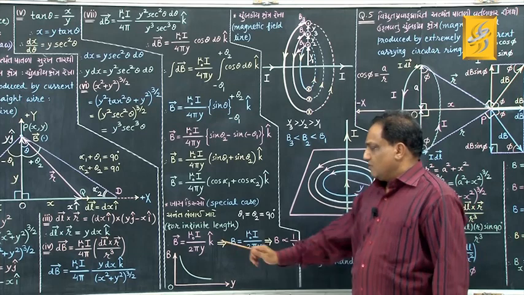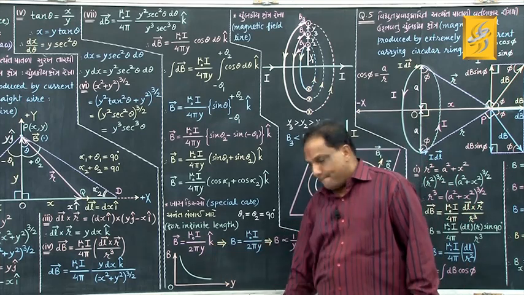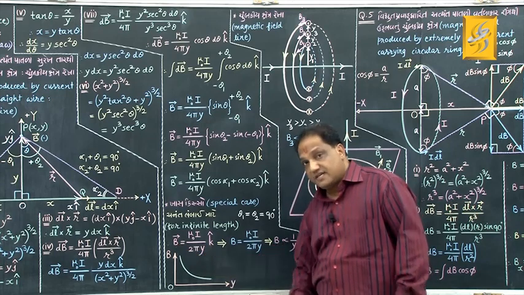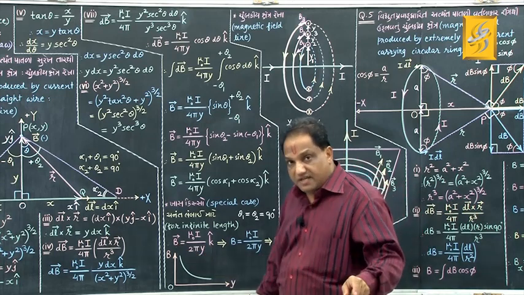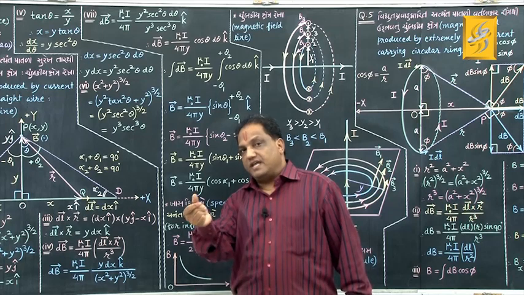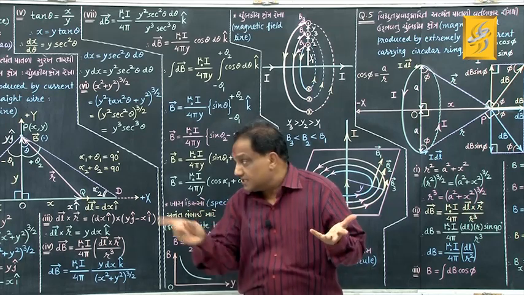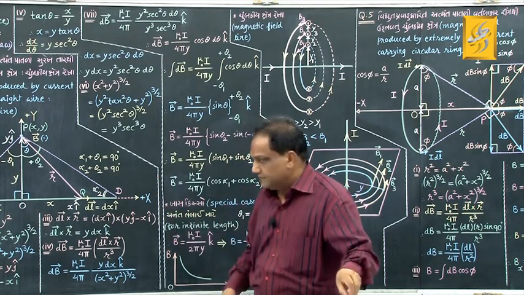Now my dears, what about direction of this magnetic field? Direction of this magnetic field at point P is k hat. And what do you mean by k hat? K hat is nothing but the direction of positive z axis. How is the positive z axis? In the figure I am showing you.